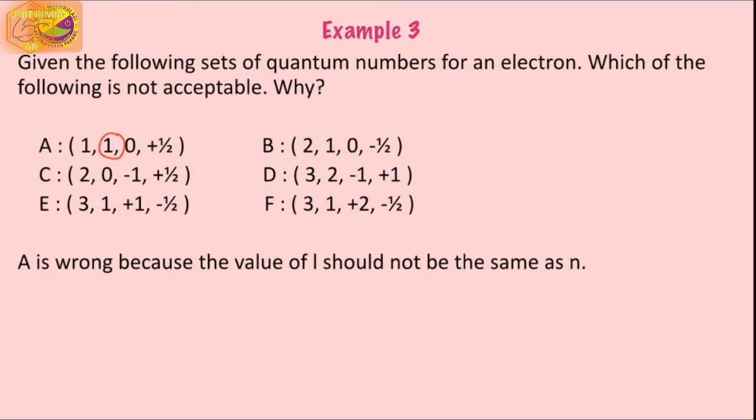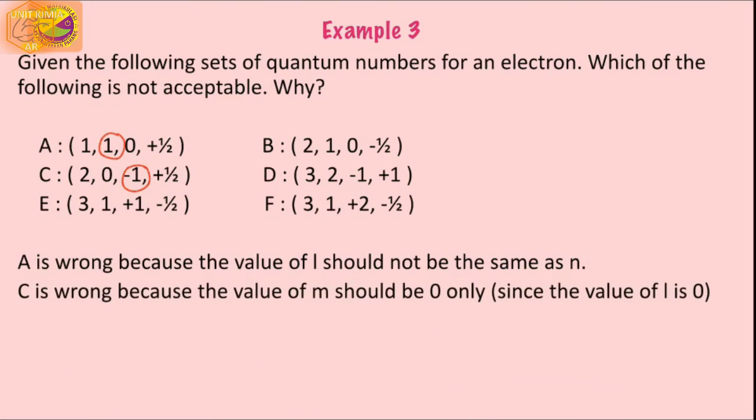B is acceptable. C is not acceptable because, as we can see here, the value of m is -1, but the value of l is 0. So, C is wrong because the value of m should be 0 only, since the value of l is 0.